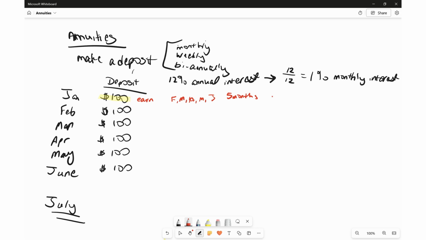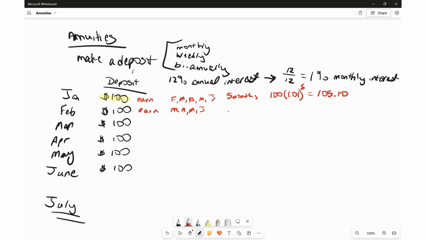So using our interest formula, we are going to say that this amount that we've deposited, at the end of 5 months is going to be $105.10. The money that we deposit in February is going to earn March, April, May, and June.